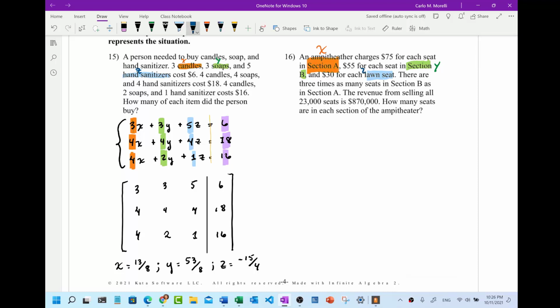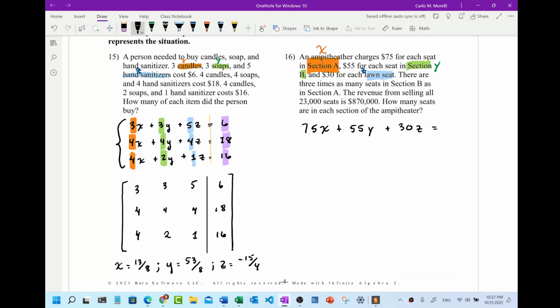Okay, just make notes. And we'll get to that part about the 3 times as many, okay? So let's just write out what we can. We've got 75x plus 55y plus 30z.